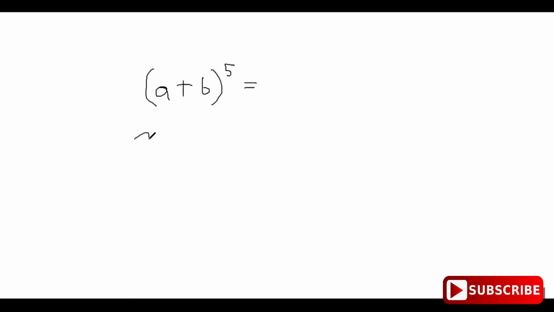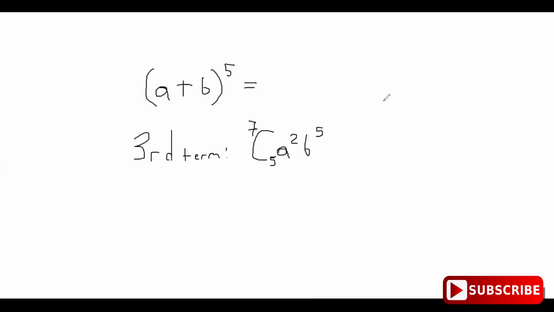The third term is what we want, a squared b to the fifth. It's always corresponding with the second one, and we're choosing from 7. So the coefficient of a squared b to the fifth is 7 choose 5.